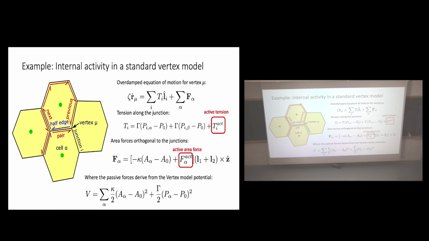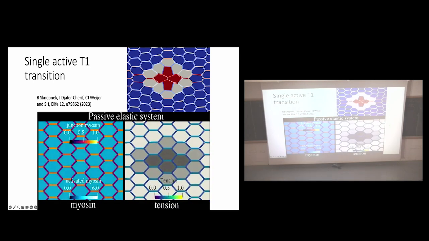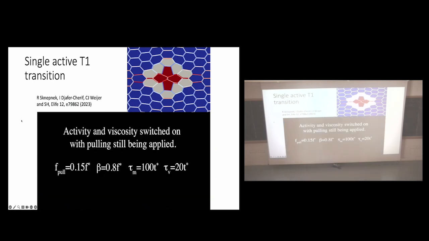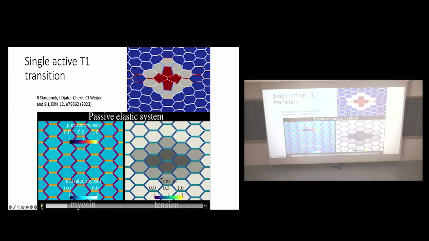Now, there's a whole zoo of these, which is underexplored. I just wanted to showcase that if you do this, you can do stuff like this. So there's an active inclusion in a passive system. This is for these germ band-like systems. I pull this, I polarize it. So I've pulled the system now. It's under stress left, right.